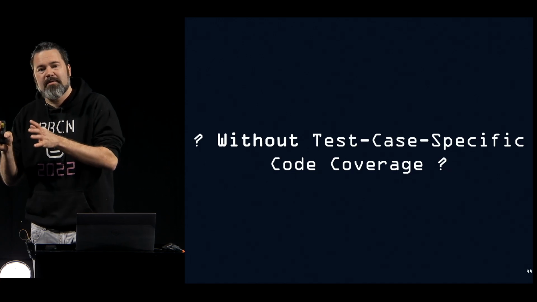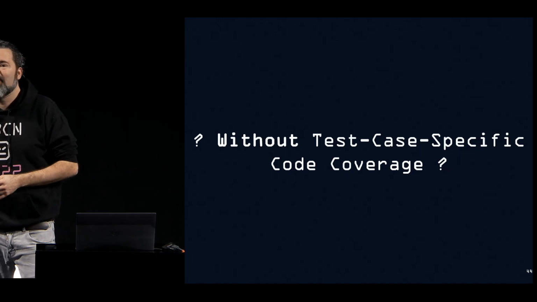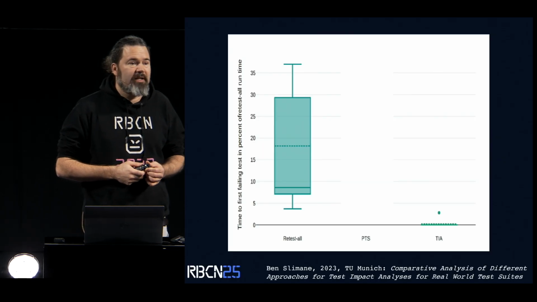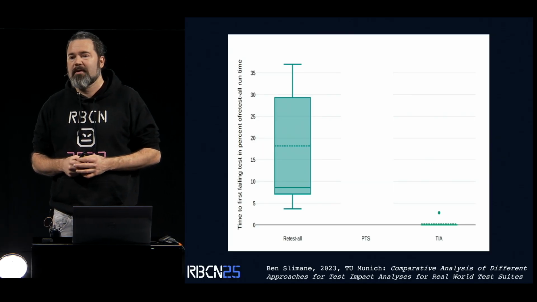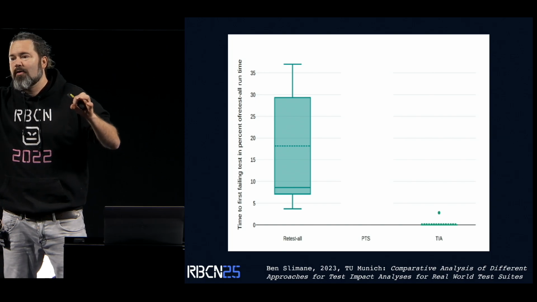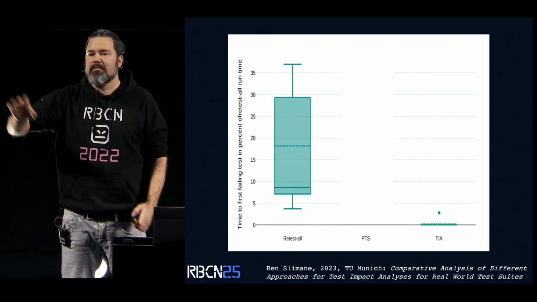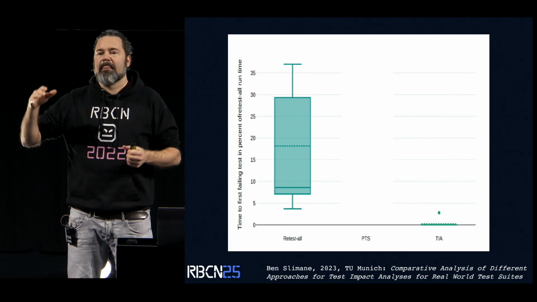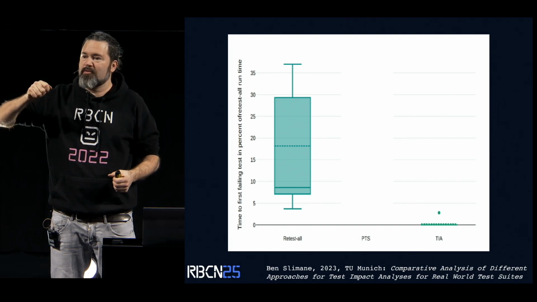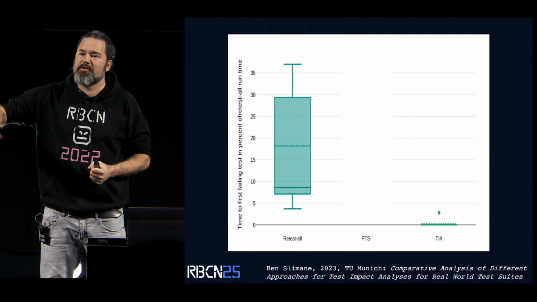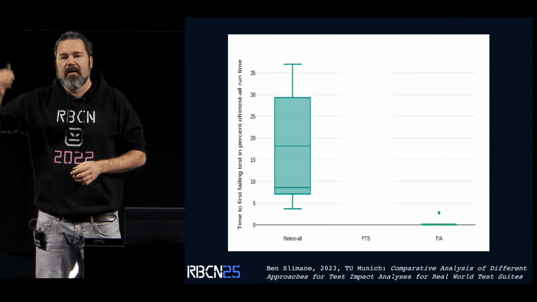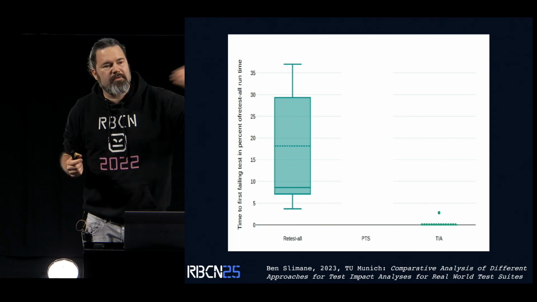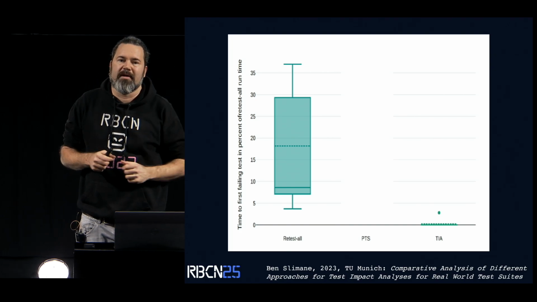There are different machine learning or AI-based approaches that work on that. And the first one we've evaluated is called predictive test selection. The basic idea is you correlate change information with test result information. That means you grab from the version control system which files were changed since the last test execution, feed them into a machine learning model, and then feed it also the information which tests pass and which fail.